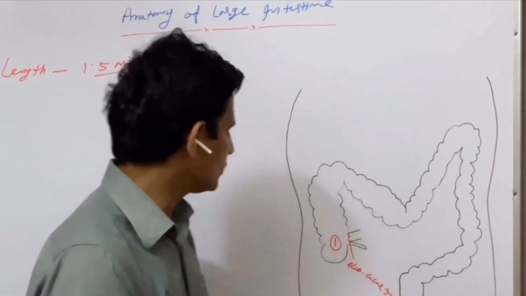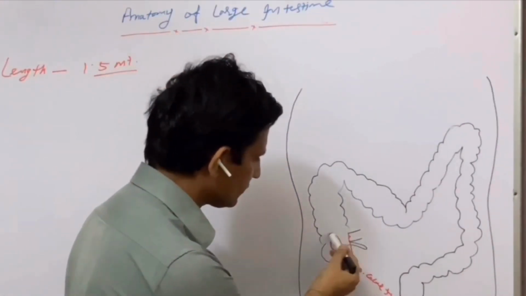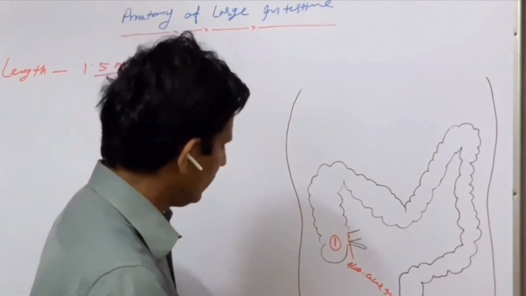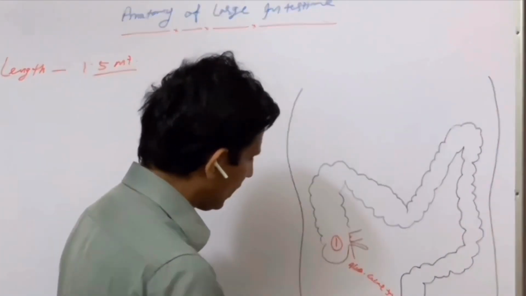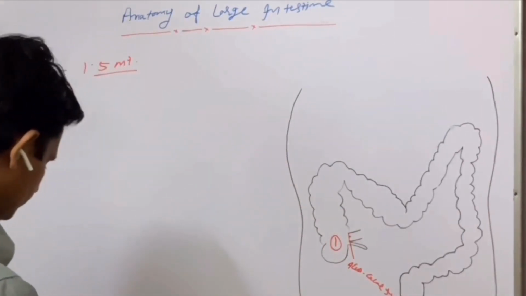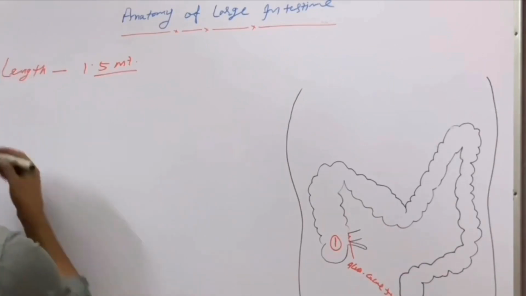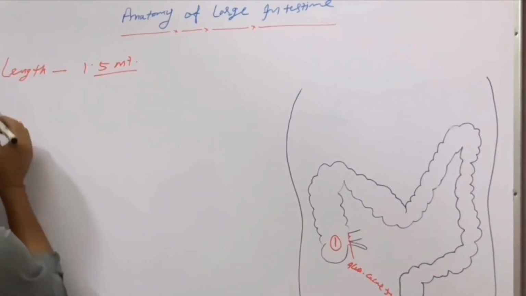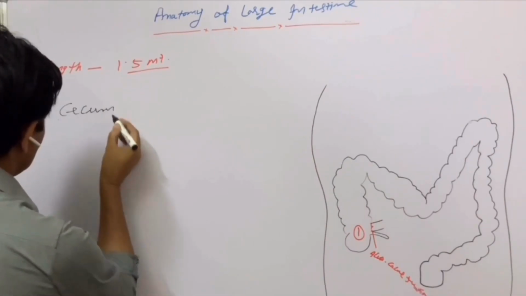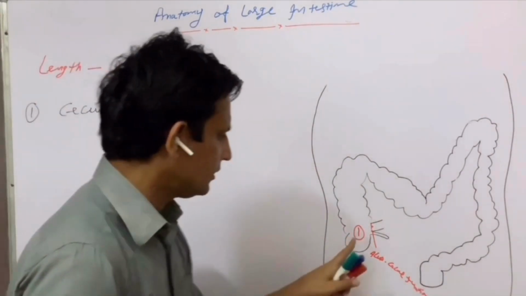The first portion where the large intestine starts, from the ileocecal junction, this portion I marked with 1, is known as the cecum.